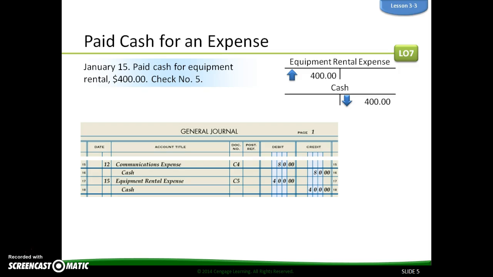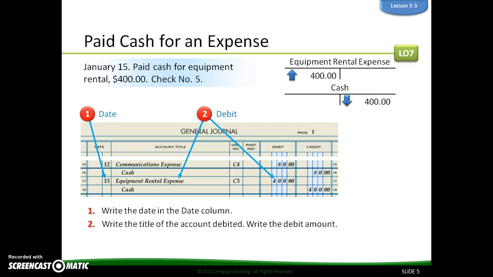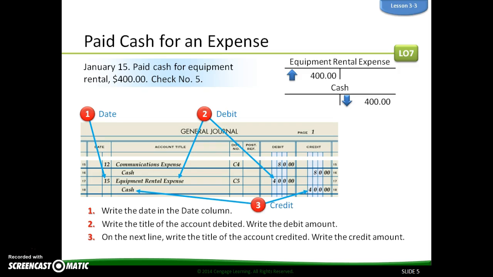As we look at our second transaction on the journal here, on the 15th for equipment rental, we're debiting the equipment rental account so that we increase the balance in that account by $400. And then we're going to post the credit to cash so that we decrease the amount of cash in our account by $400.